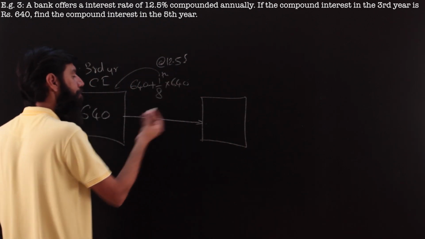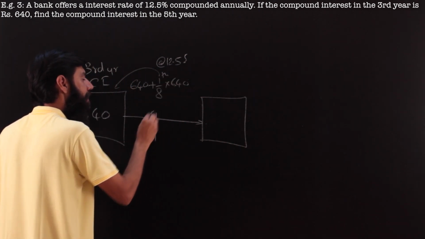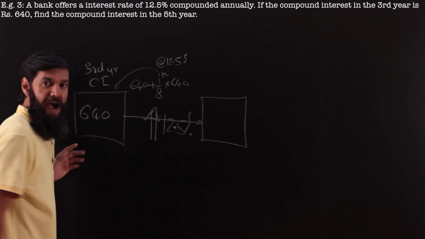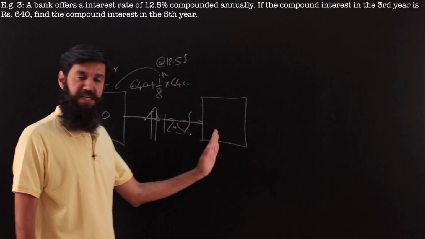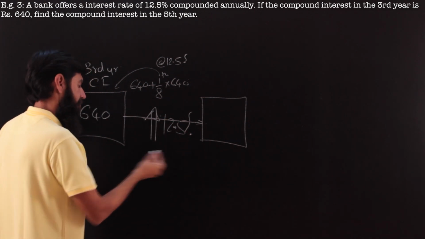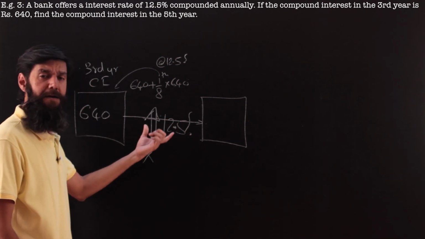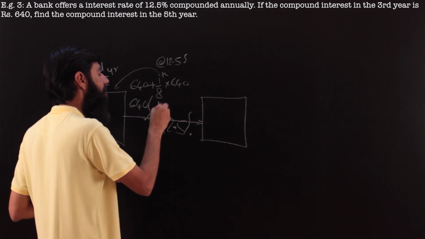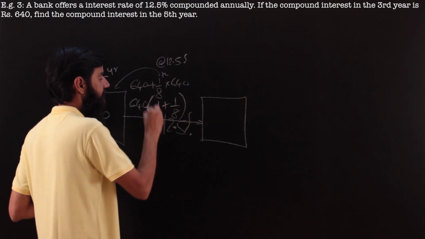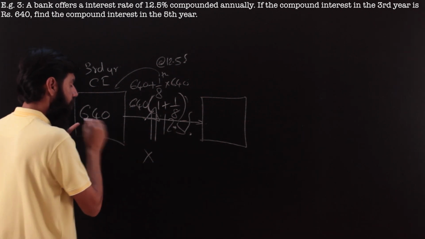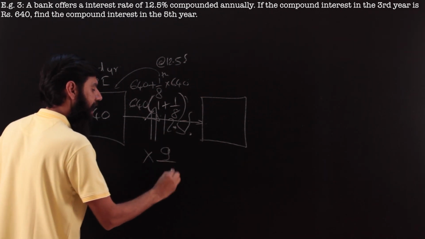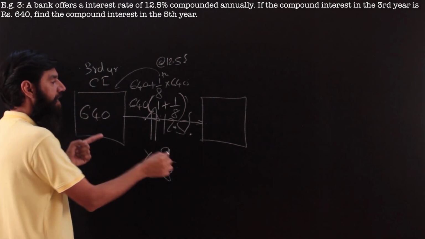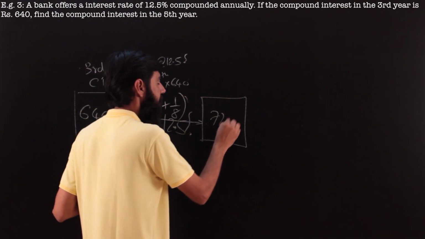Now, isn't this simply as good as a percentage increase of 12.5%? And if I look at it as a percentage increase of 12.5%, we are very fast and very adept at multiplying factors. So 1 plus 1/8. So take the 640 common, 1 plus 1/8, which is nothing but the multiplying factor. So could I say 640 is multiplied by 9 by 8? And to get this value, 8 8s are 64, 8 9s are 720, right? This is how we get this.